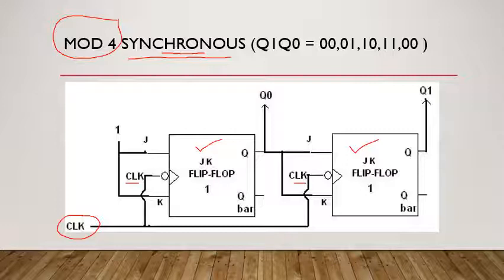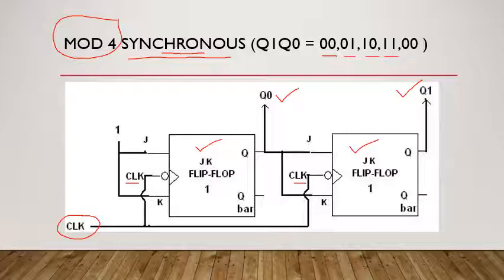Like we have two flip-flops, so there are two outputs here. One is Q0 and one is Q1. So we have two bits, and how many possible combinations of zeros and ones can be provided to these two bits? We know it can be 00, it can be 01, it can be 10 or 11.